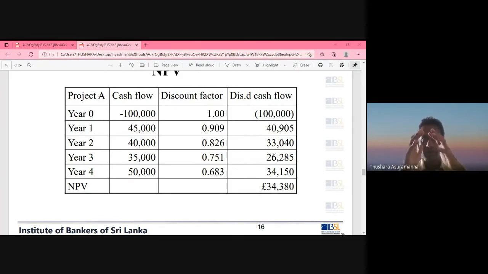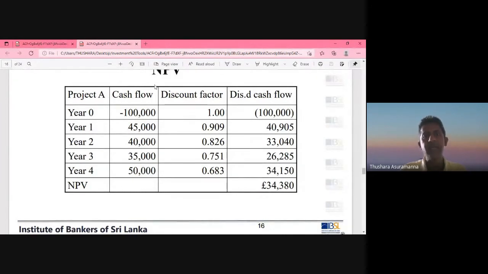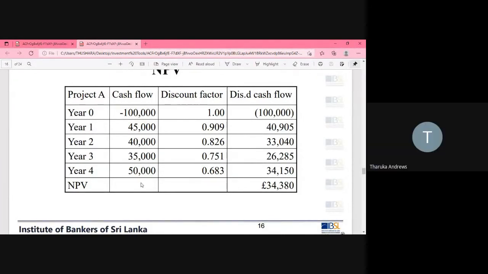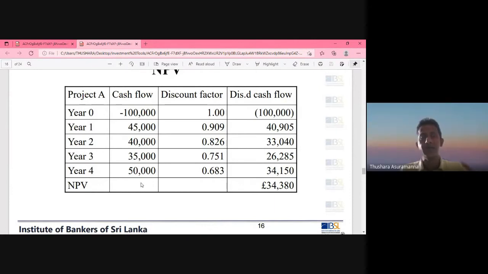1 divided by 1 plus r to the power n is the discounting factor. That's the third column. Then that has to be multiplied by the net cash flow column, so it could be 100,000, 50,000 or whatever. That's why, for year 1, 45,000 multiplied by this ends up as 40,905. But later on, as Yasu correctly said, we do not compute the discounting factor separately. We just take 100,000 divided by 1 plus r to the power n, because 1 into 100 is the same.